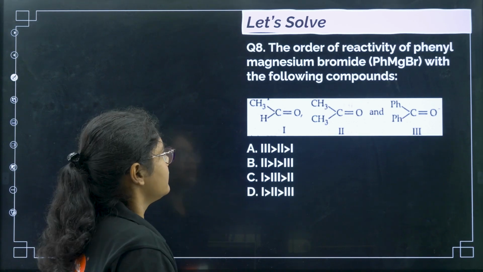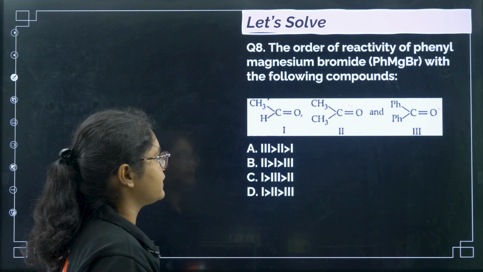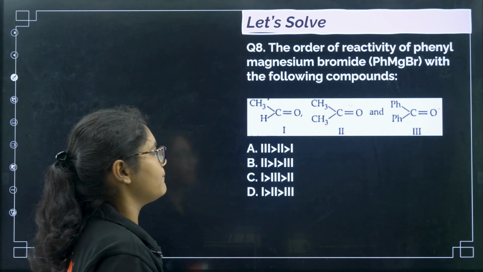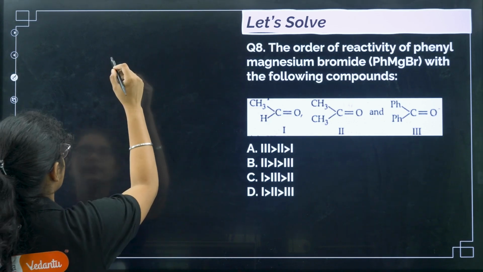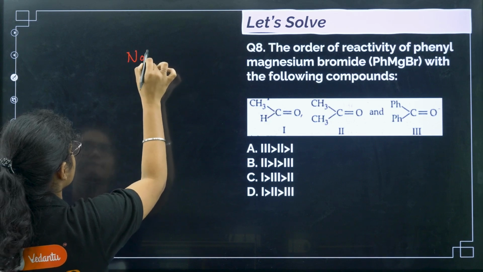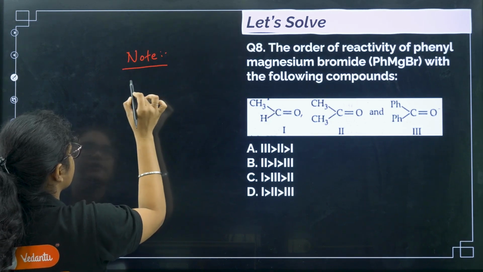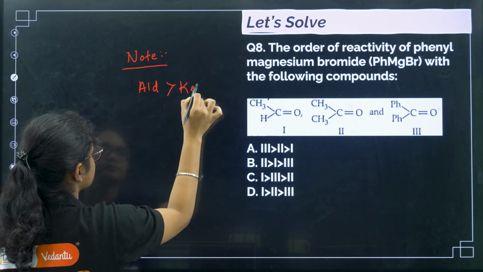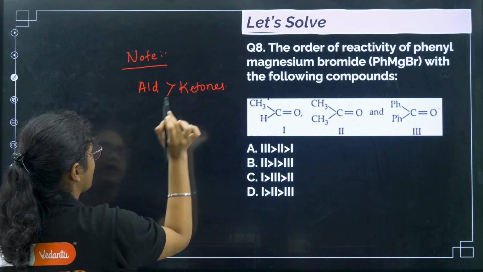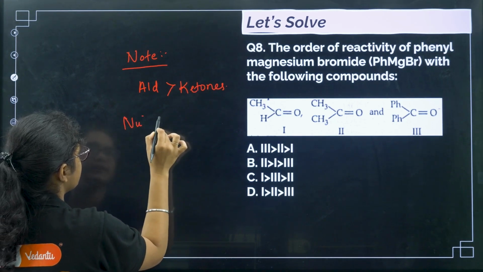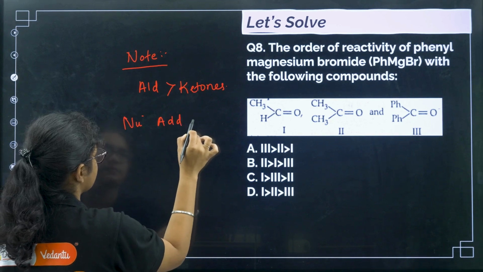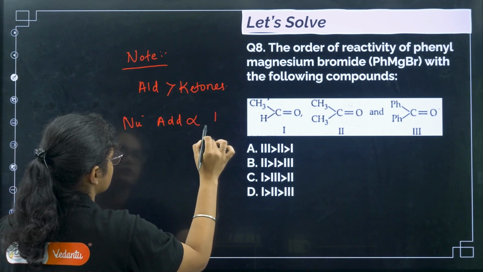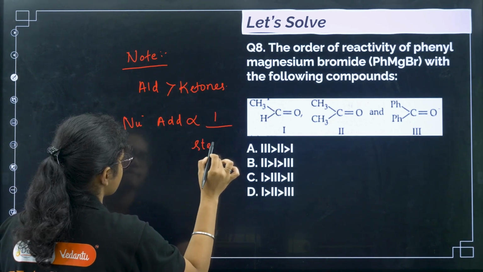Okay, next, the order of reactivity of phenyl magnesium bromide with the following compounds. Yes, here there is something that we have to note. Reactivity of aldehydes is more than ketones. Okay, and the rate of nucleophilic addition reaction is inversely proportional to steric hindrance.